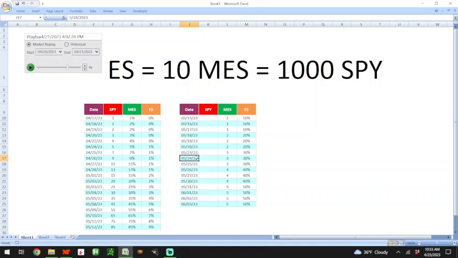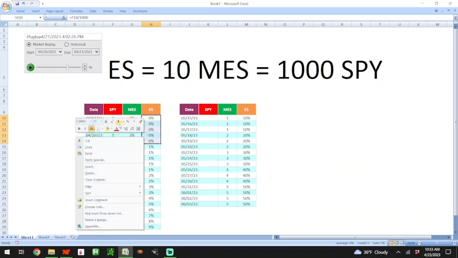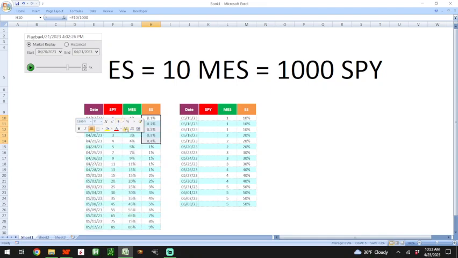So 1 share is actually less than 1% of an ES. I think it's going to be like 0.1%. So I think a lot of people should be able to handle 0.1% of ES, right? It's 1 share of SPY.